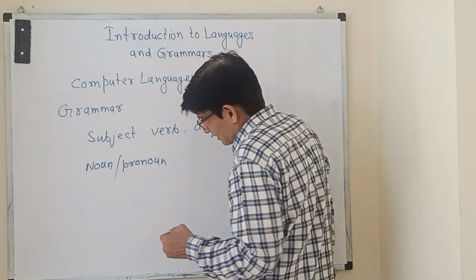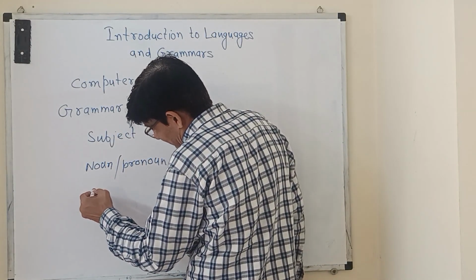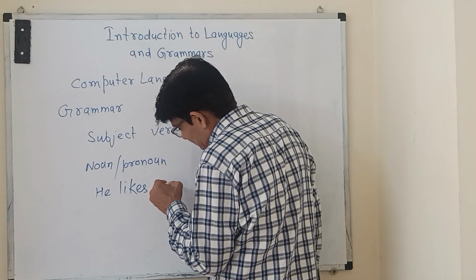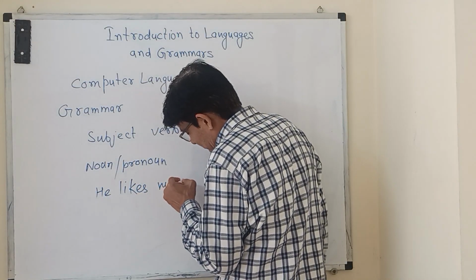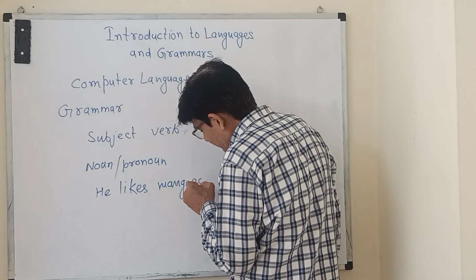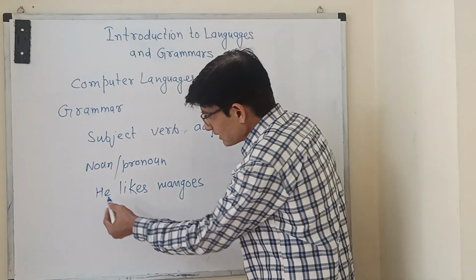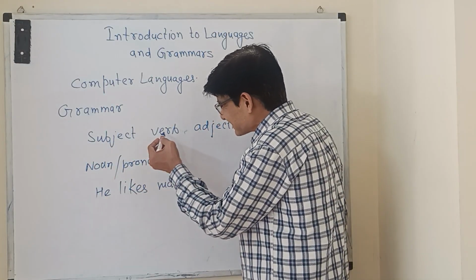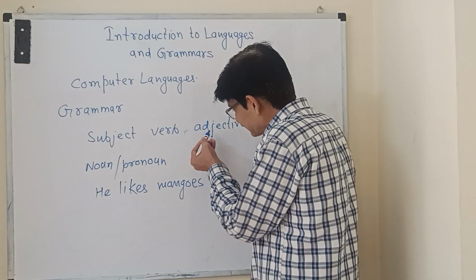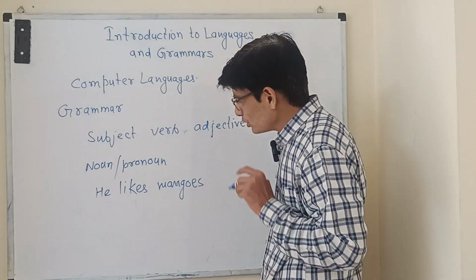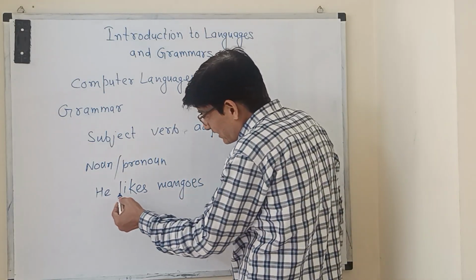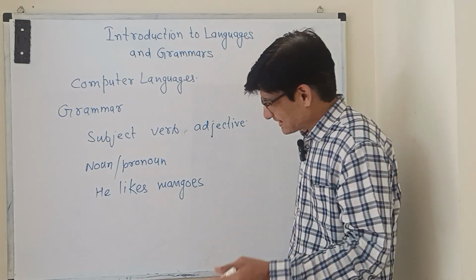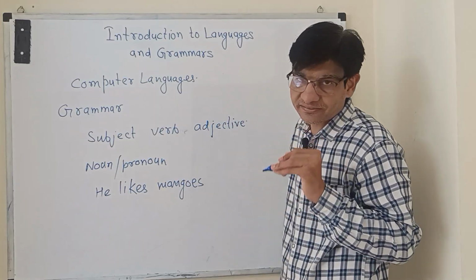For an example, I am taking: He likes mangoes. Here you can see he is the subject, likes is the verb, and mangoes is the adjective. Now, if I change the sequence of these words, then the sentence will have no meaning.